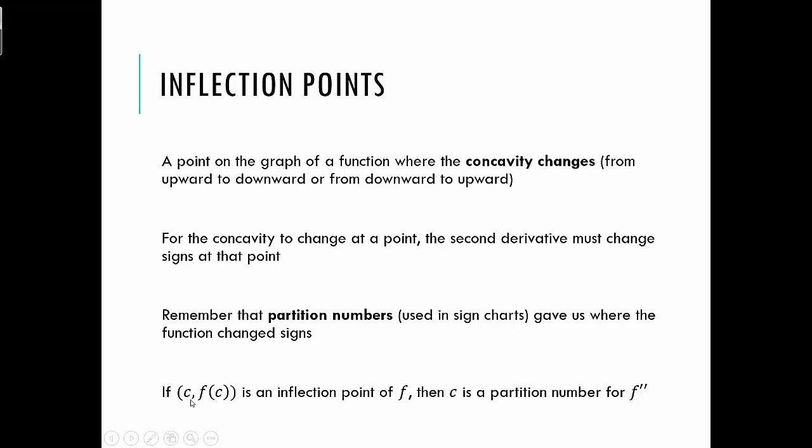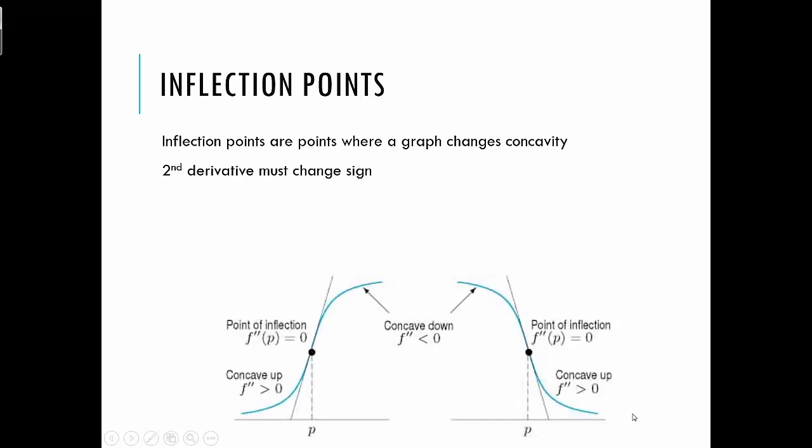If I have an xy point, with a value of c, and I evaluate my function at c, and it is an inflection point of my function, then this c value is a partition number for my second derivative. Inflection points are where you're changing from concave up to concave down or concave down to concave up.